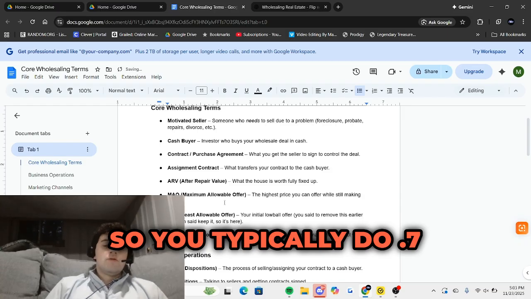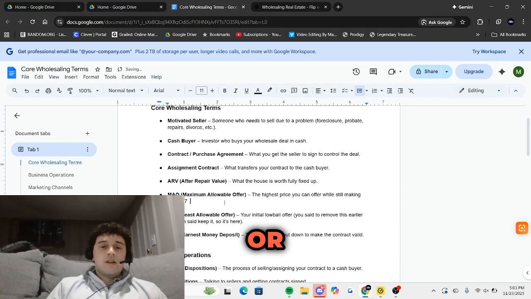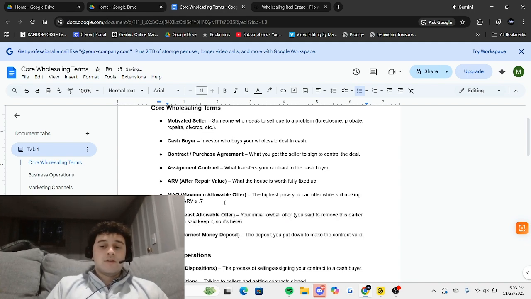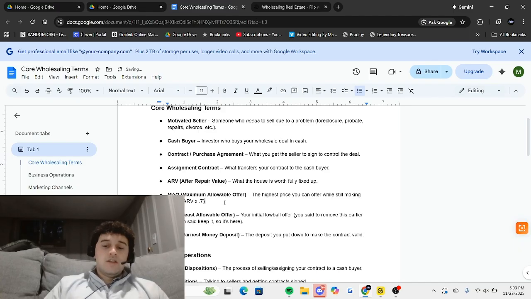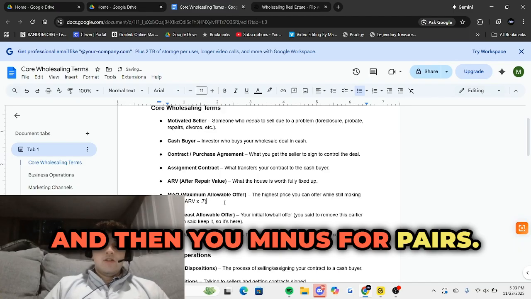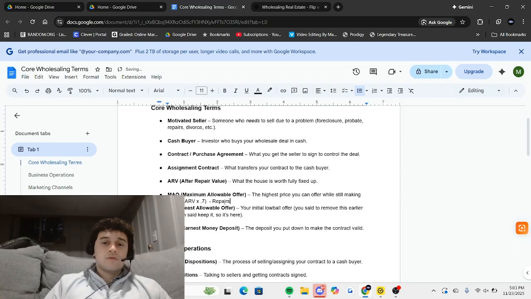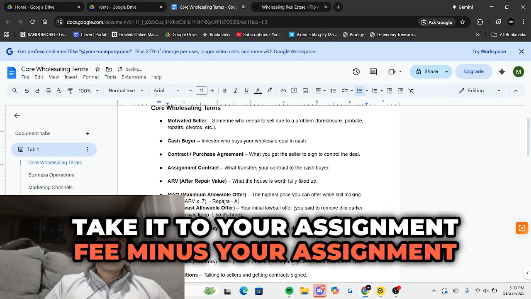So you typically do ARV times 0.7, and then you minus repairs, and then after you minus repairs, to get your assignment fee, you minus your assignment fee.